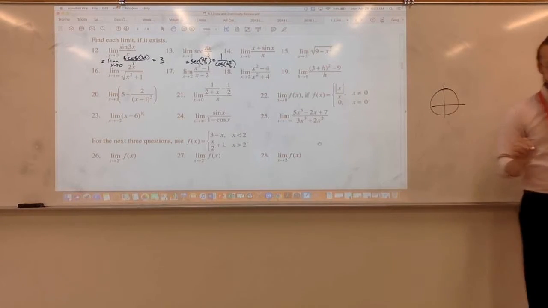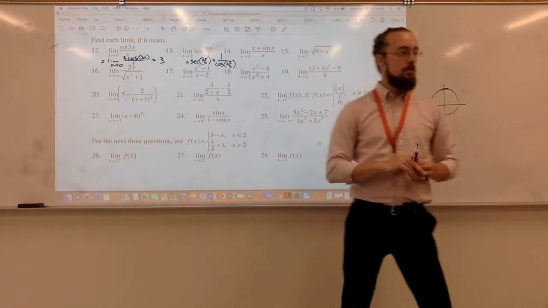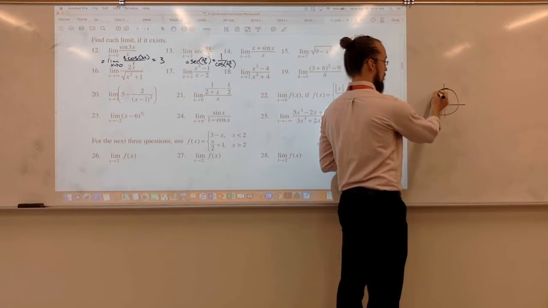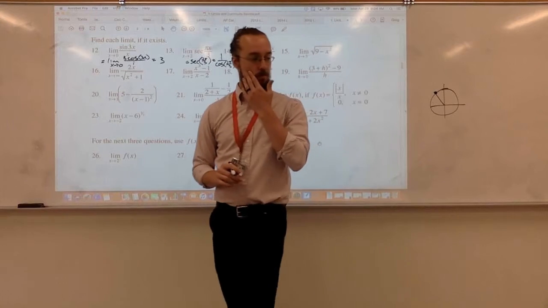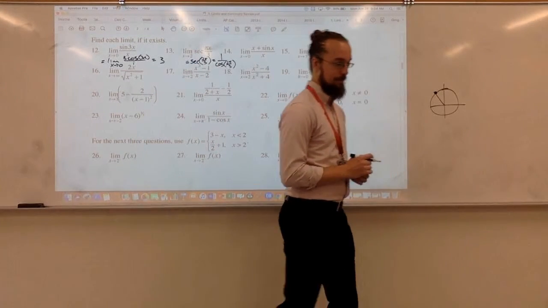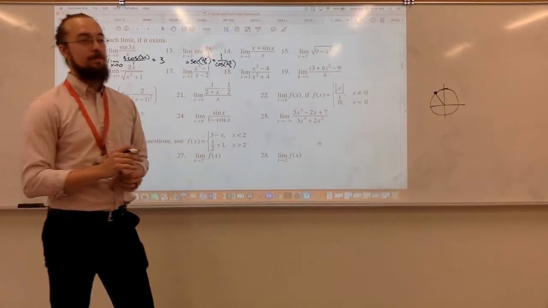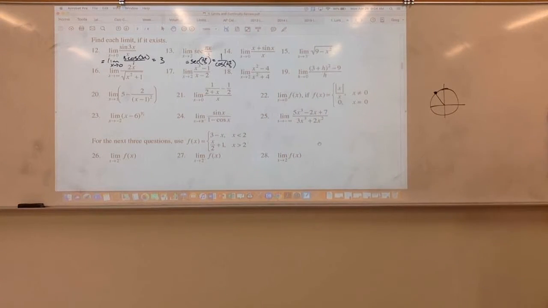So where is 2 pi over 3 on the unit circle? It's approximately over here-ish, up here somewhere, right? It will be negative, because we're talking about the x value, and we're to the left.